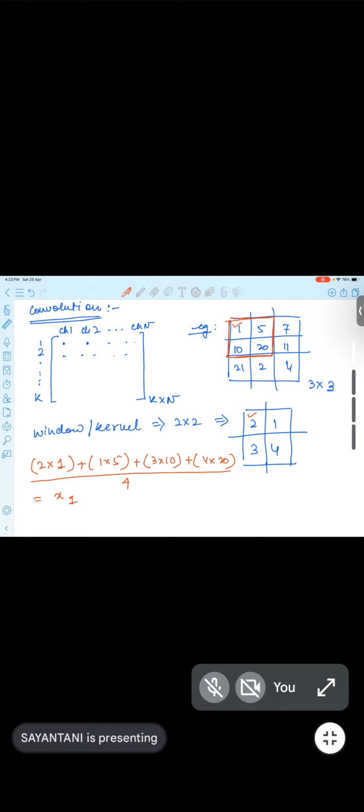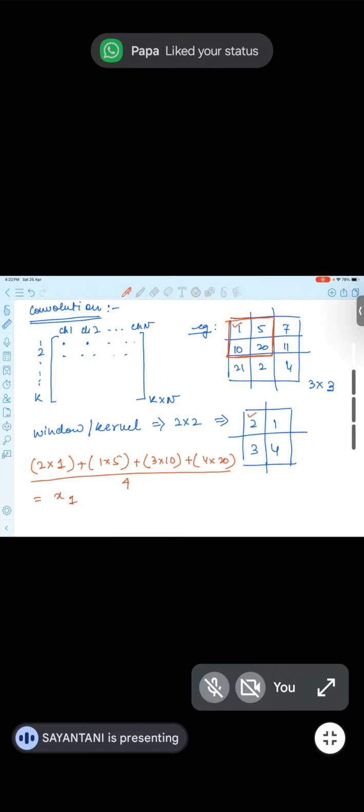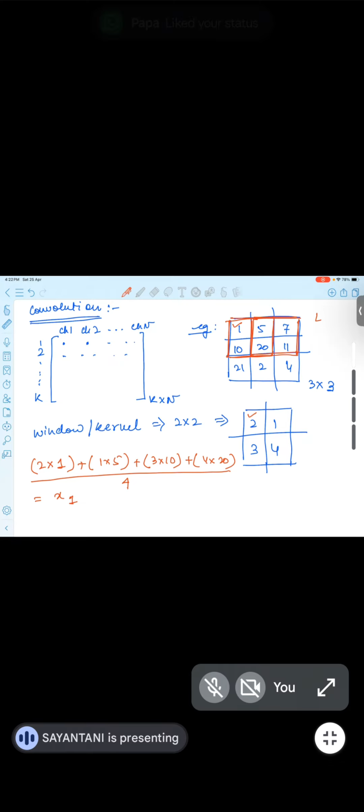Okay. Next, what you have to do is you will use the same kernel on the input matrix, just shifting it. So this is going to be your next convolution operation by shifting it. How are you shifting it? The method is to shift from left to right. Once left to right is over, you go from top to bottom. So left to right is over, again you get some value x2, right? Then you go from top to bottom.